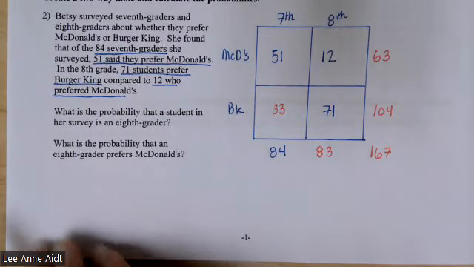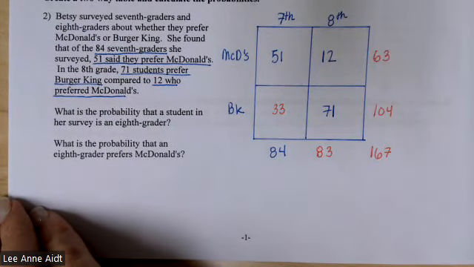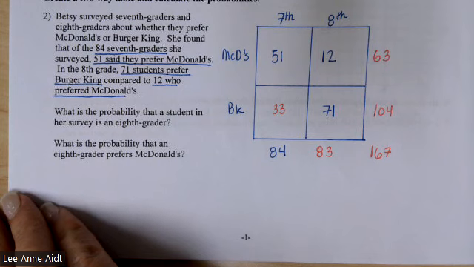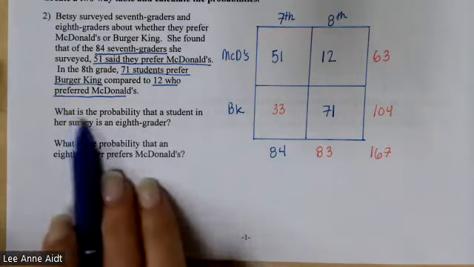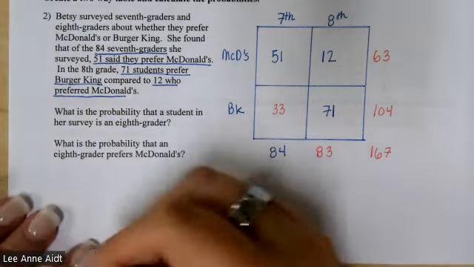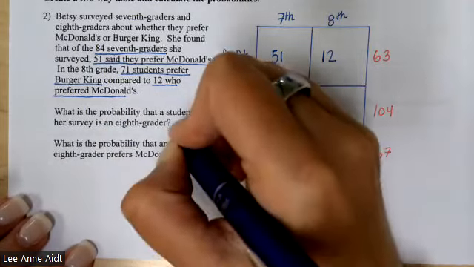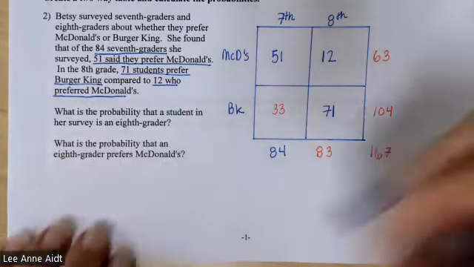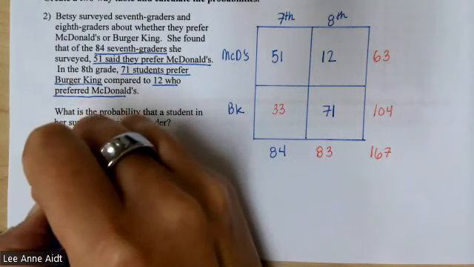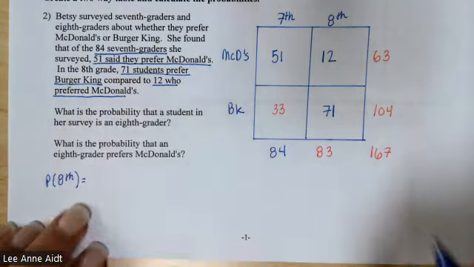Okay. Why are you murmuring? Did I do something wrong? Okay, all right. What is the probability that a student in her survey is an 8th grader? So probability of an 8th grader. Okay, yep.